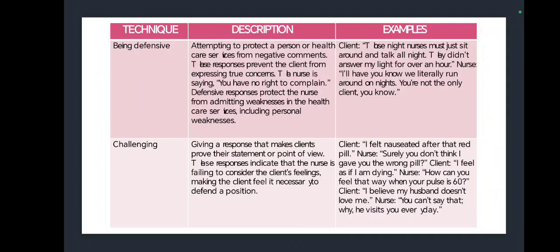Another is being defensive, attempting to protect a person or health care services from negative comments. Another, challenging, giving a response that makes clients prove their statement. When you ask a patient, oh, is that true? Really? Do you think? You now question the credibility of the information that came from the patient.